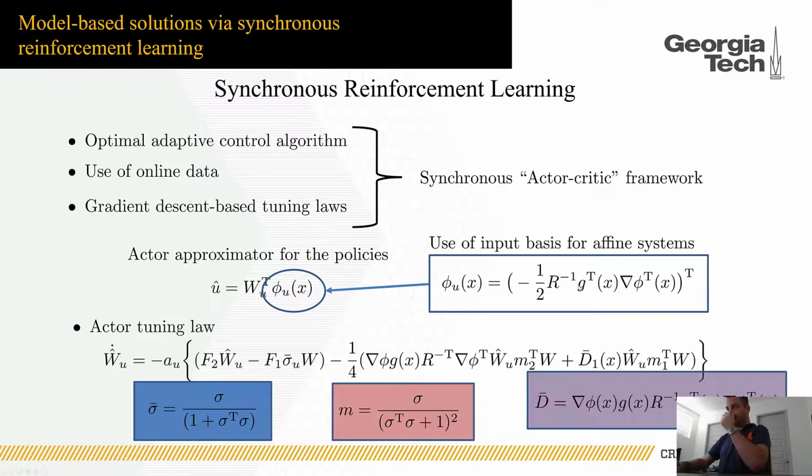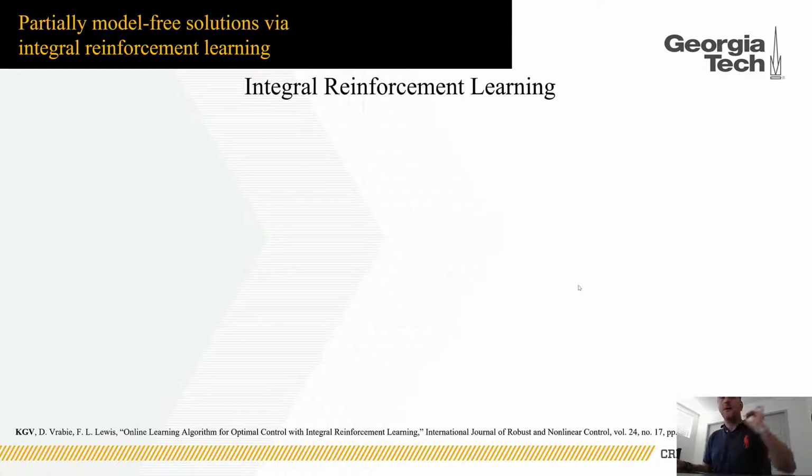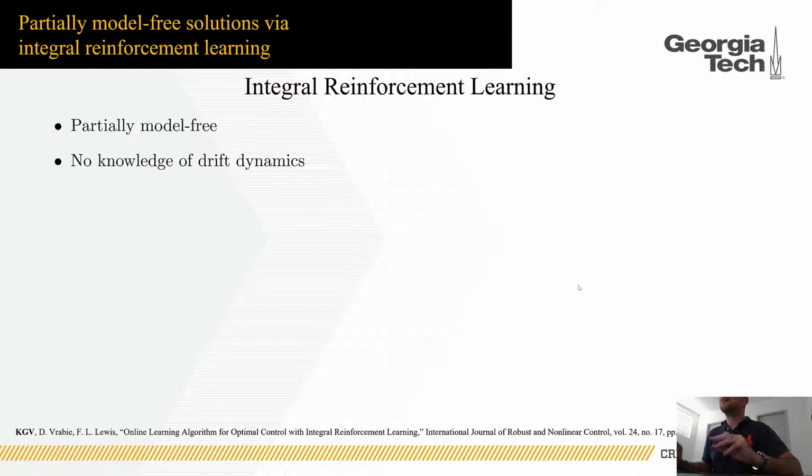And this is given here, where instead of writing with respect to the Hamiltonian, we write it with respect to an integral form of the Hamiltonian, and we call this integral reinforcement learning. This integral reinforcement learning doesn't require the drift dynamics.